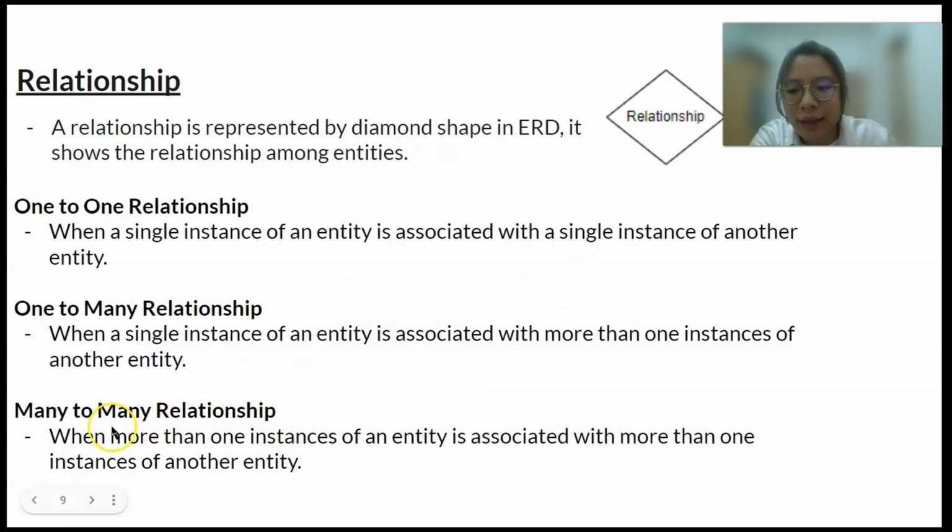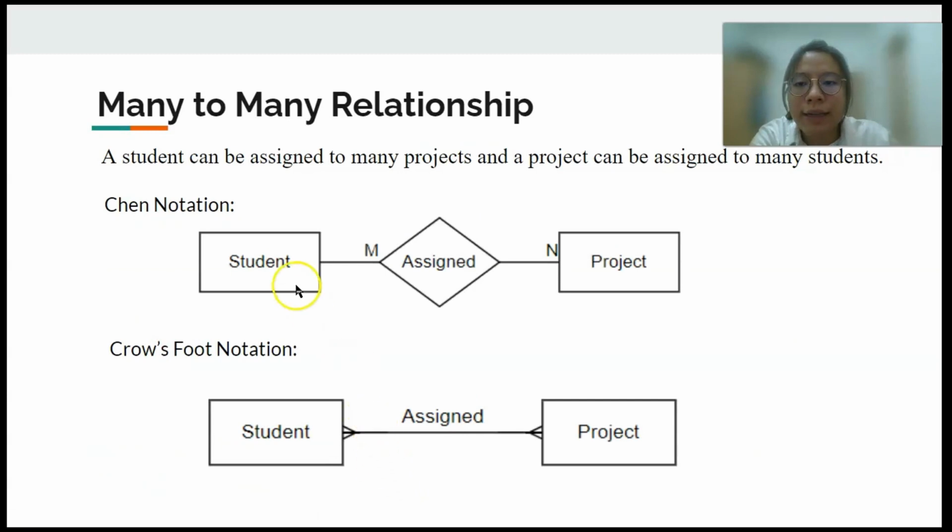Besides, looking at the many-to-many relationship, more than one instance of an entity is associated with more than one instance of another entity. For example, a student can be assigned to many projects and a project can be assigned to many students. Now we are looking first, where are the nouns?